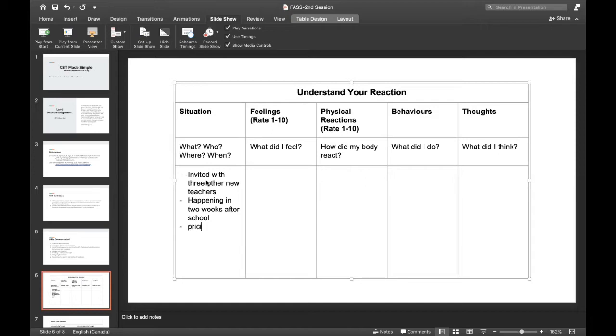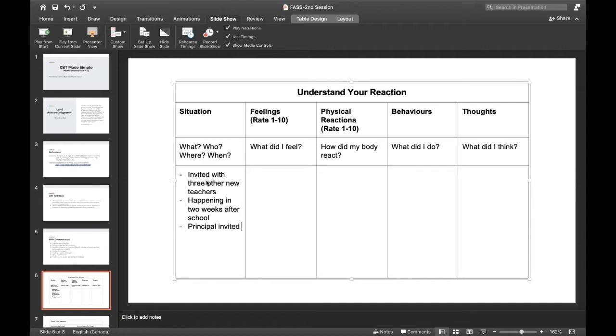Yes. Okay. And then I think you did a really good job of identifying this situation. What I would like to do now is see if we can understand your reaction by identifying how your feelings, physical reactions, behaviors, and thoughts all fit together. This is called the 4-factor model. If you remember, I discussed it a bit last week.